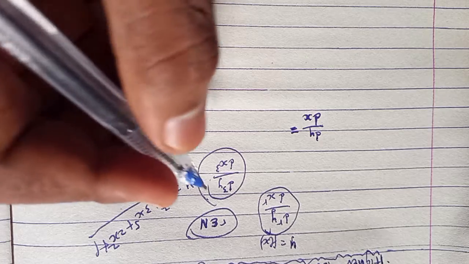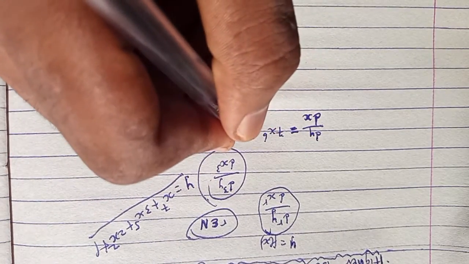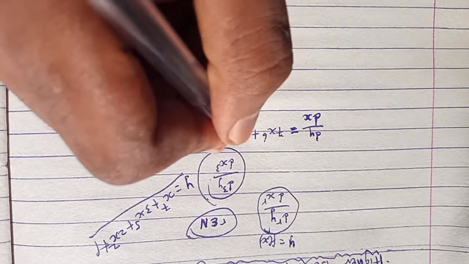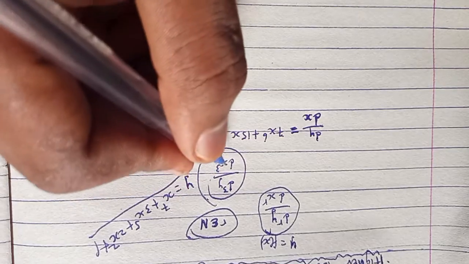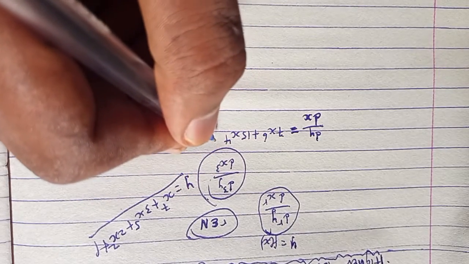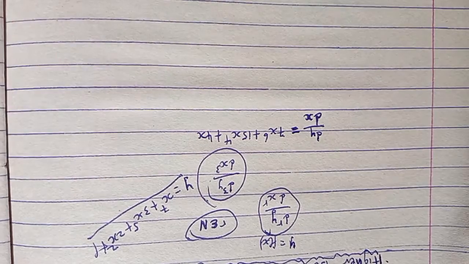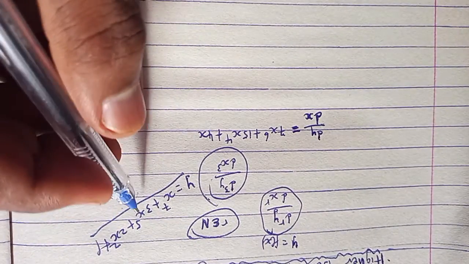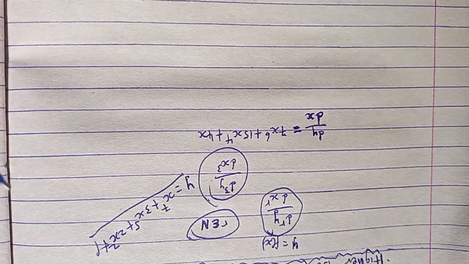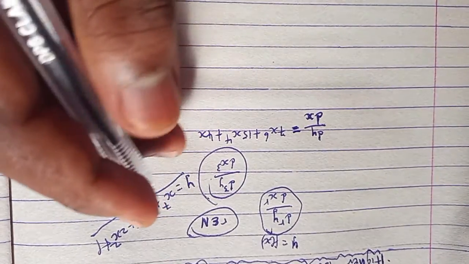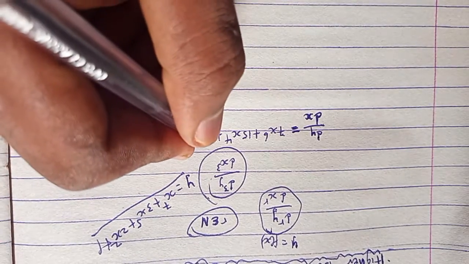So dy/dx is equal to 7x power 6 plus 5 times 3, that is 15x power 4, and then plus 4x. You will just use the differentiation notation. If you haven't done that before, you have to go back and learn how to differentiate functions before coming this far.